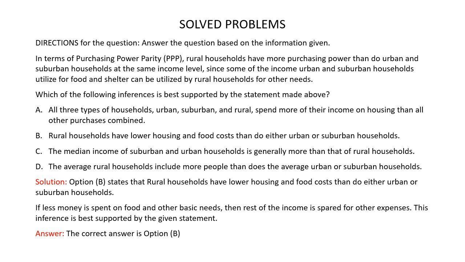Now, if less money is spent on food and other basic needs, then the rest of the income can be spared for other expenses. Now, this inference is best supported by the given statement. So, the correct answer is option B.